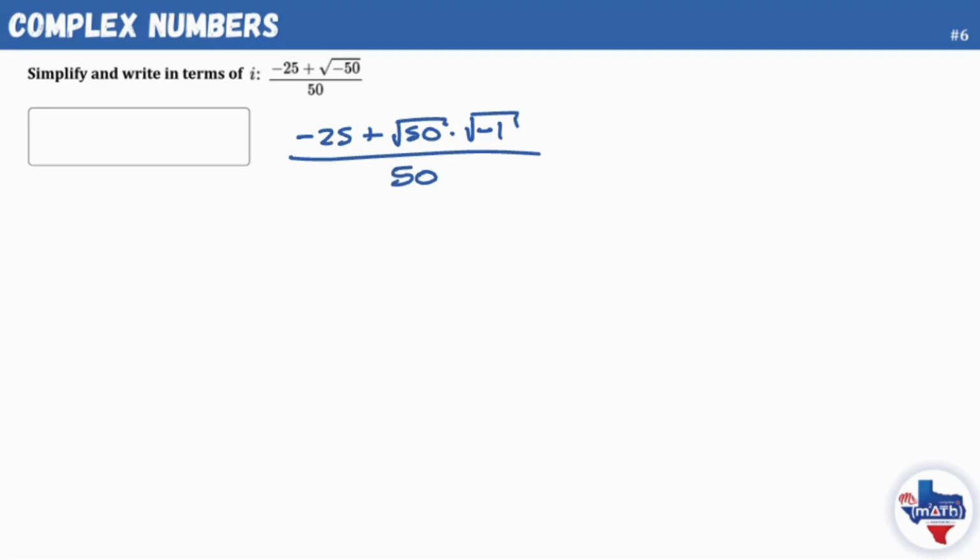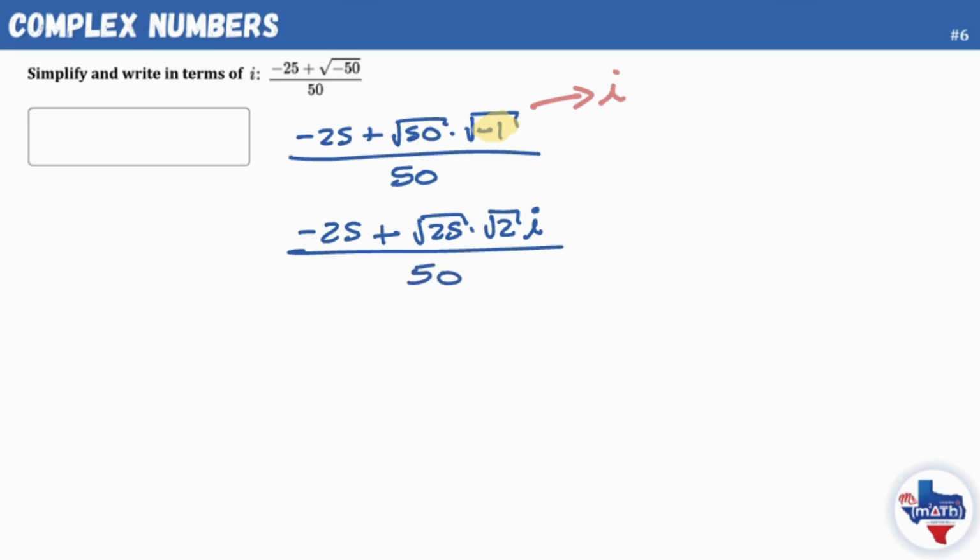Then we remember that the root of -1 is just the value of i. Okay, so we'll have -25 plus the root of 50, which we're going to write as root of 25 times root of 2. And here we'll replace the i, over 50. We'll have -25 plus root of 25 is 5, root of 2, i over 50.